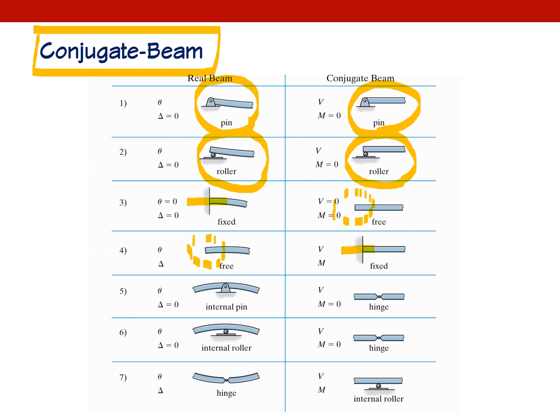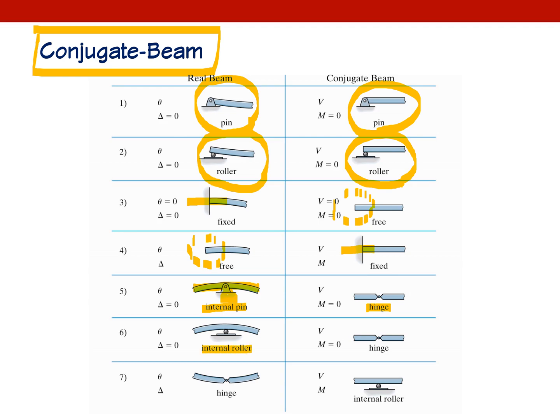If there is an internal pin, the member is continuous, but the support is underneath it. We call it an internal pin support to be exact. An internal pin support is replaced by an internal hinge.